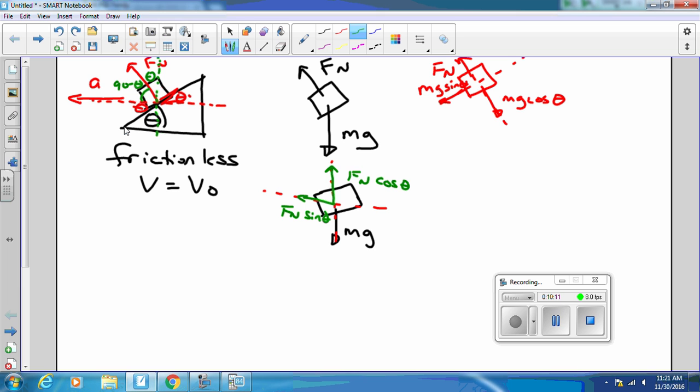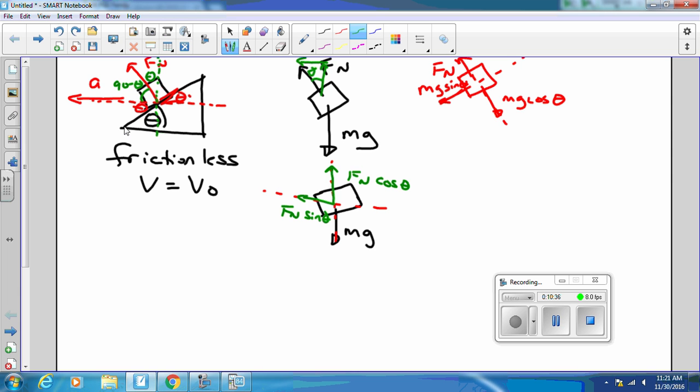So where are your questions? How's it a sine? Well, honestly, I find it easier to identify the cosine component and then the other one is the sine. So if I want to see it, I go back to my Fn right here. Here's Fn, and I draw the two components, and there's the angle theta.